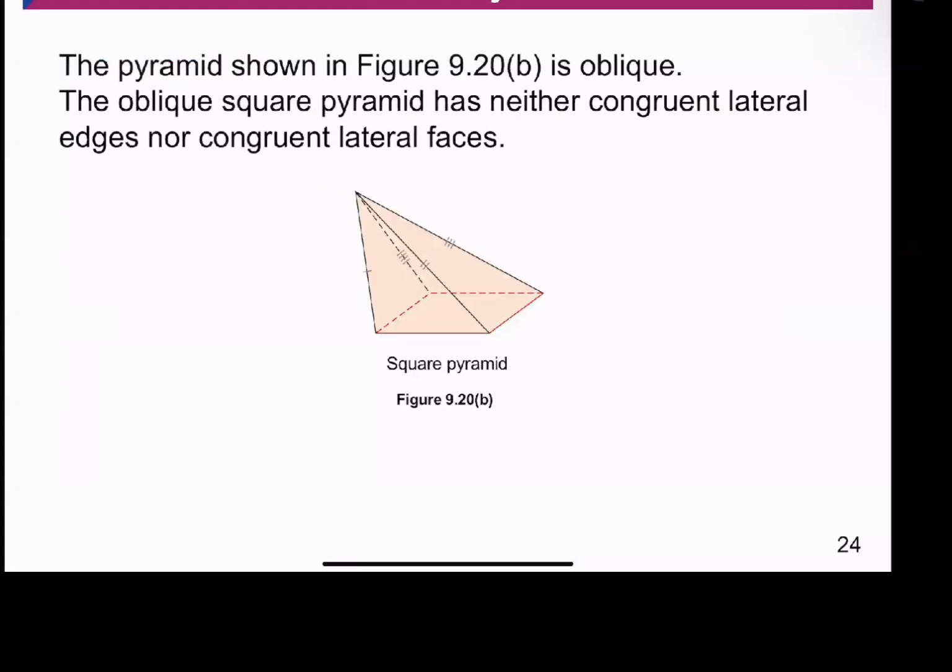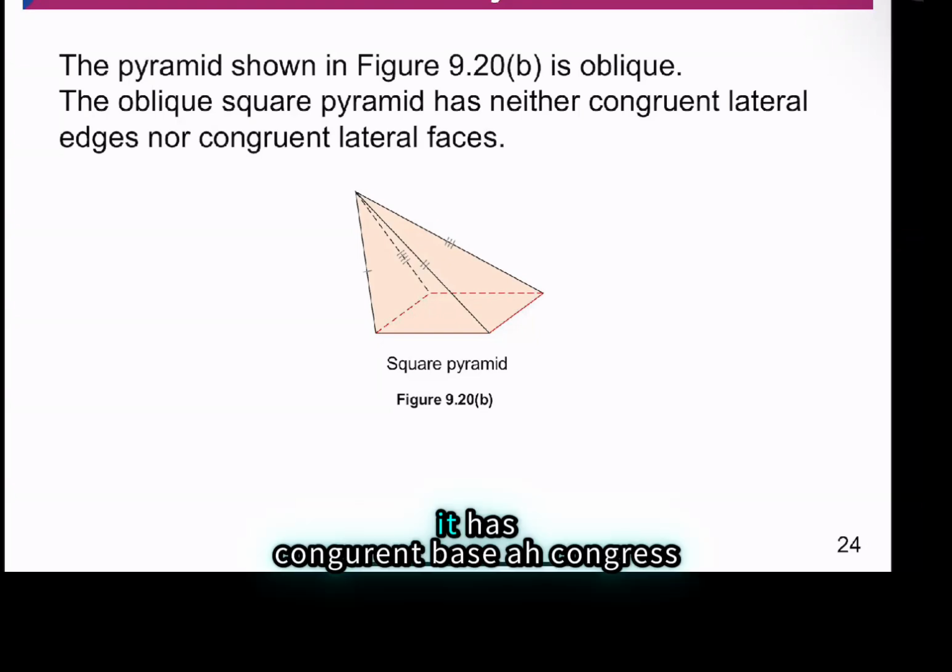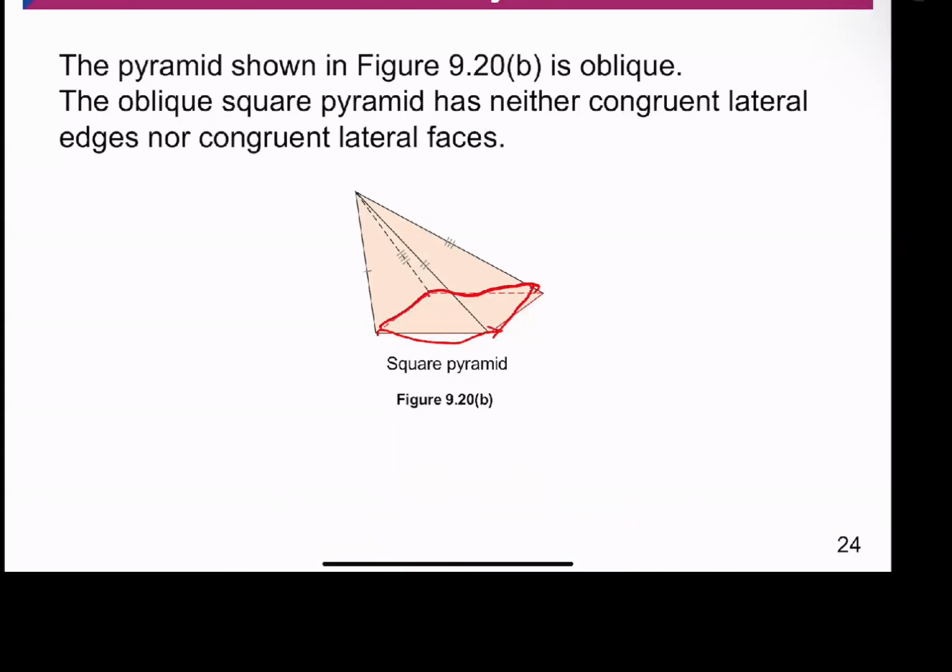The pyramid shown in figure 9.2b is oblique, and the oblique square pyramid has neither congruent lateral edges nor congruent lateral faces. It has a symmetric base, however, the edges are not congruent.